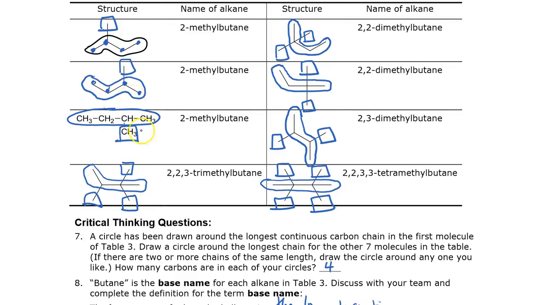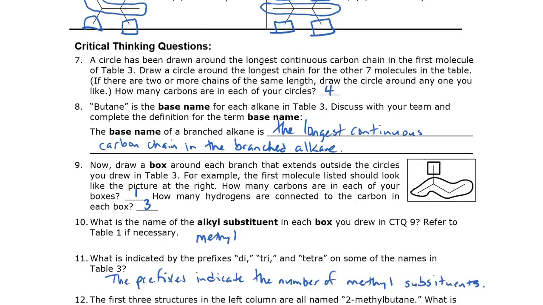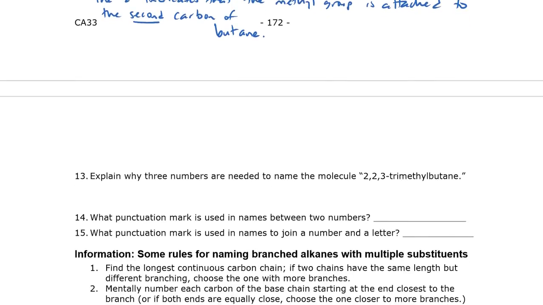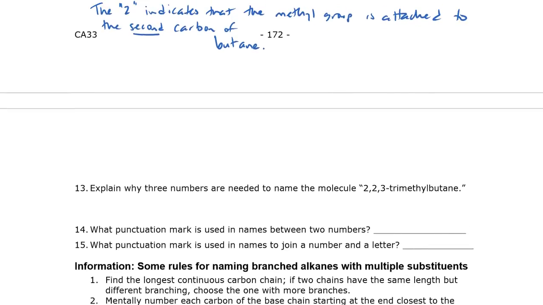And then on this one, it's also 2, so in this case, again, I must count from this end, 1, 2 with the methyl, 3 and 4. You see it? Good. All right, number 13.